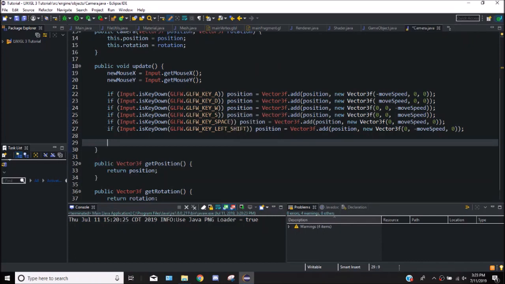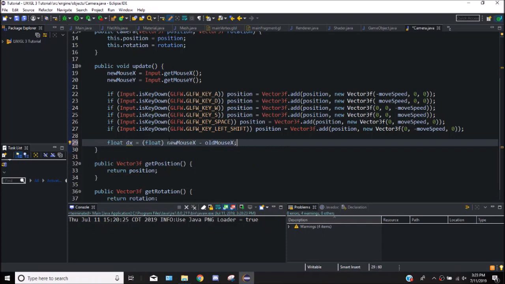The first one we're going to get is the X. We're going to cast this to float because we're messing with doubles, so we say (float)(newMouseX minus oldMouseX).